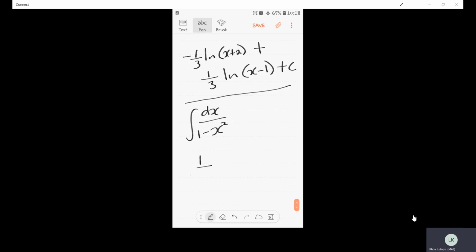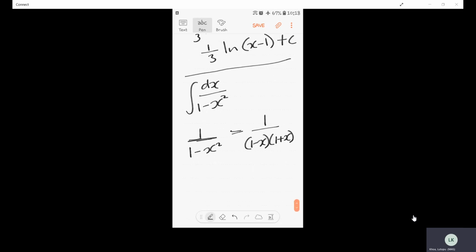So you have 1 over 1 minus x squared. When you rewrite this, this is 1 over 1 minus x, 1 plus x. And then this becomes a over 1 minus x plus b over 1 plus x.